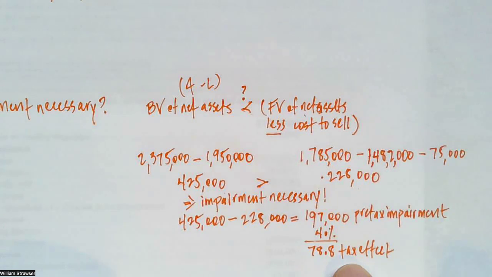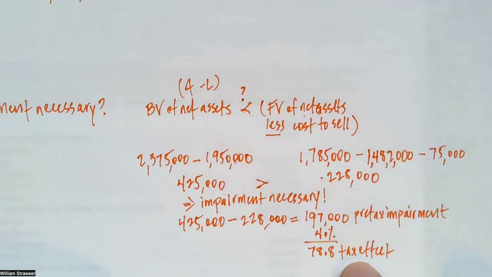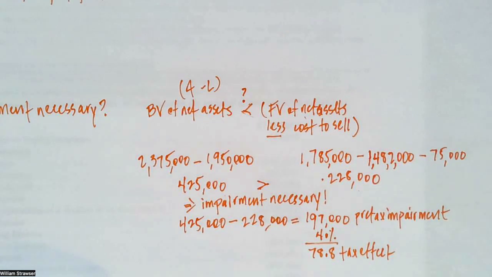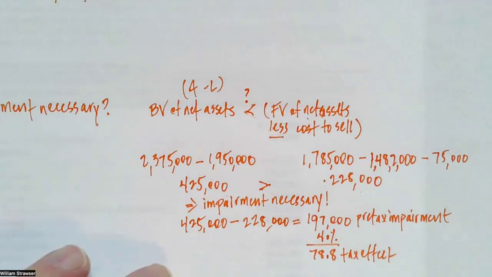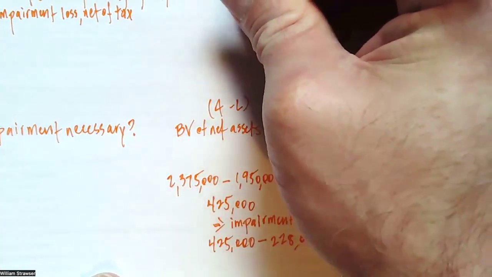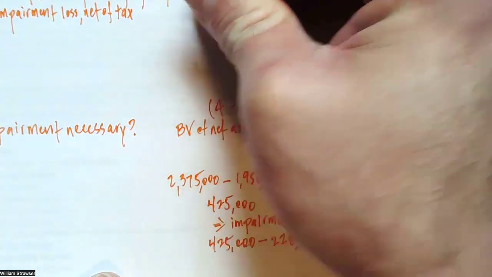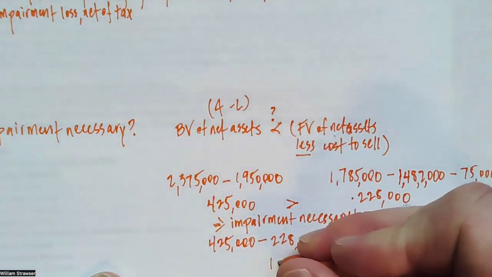In this case, a tax effect is actually going to reduce the loss. So we take 197, which is our total loss, subtract out the amount of taxes that we save on that loss, and I get 118,200.